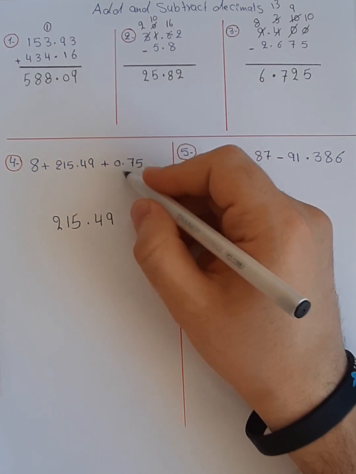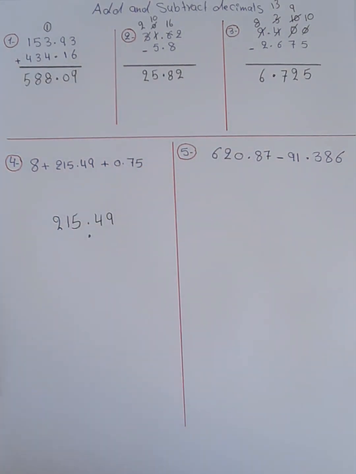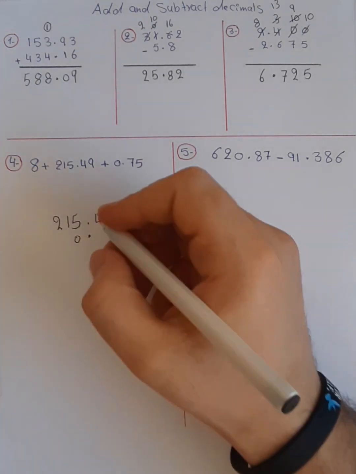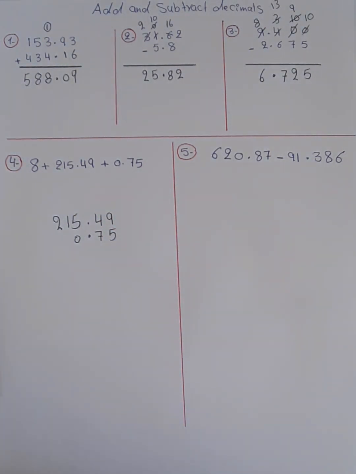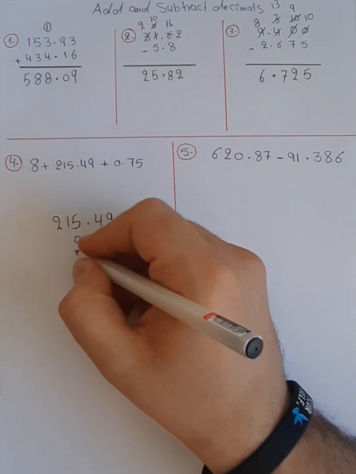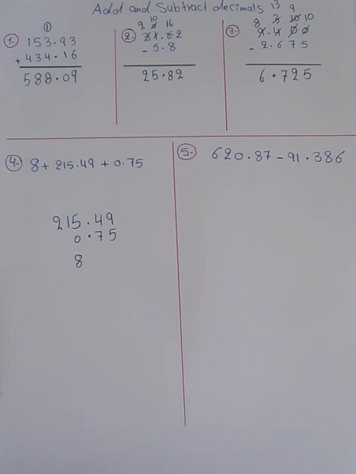So in this number you have 0.75. You have to write the point under the point and then write 0 under 5 and 75. Now we have 8. 8 is a whole number, so we have to write it under 5 and 0 like that.